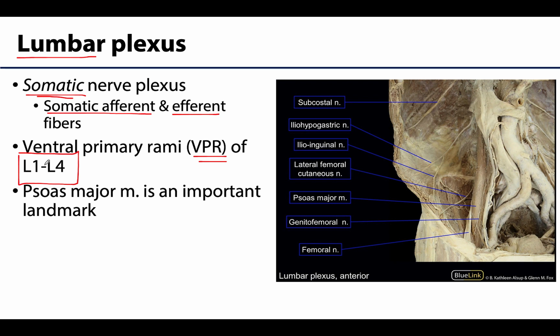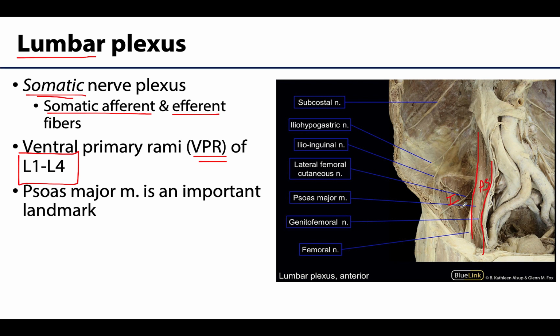Now, when we're trying to identify those named branches, the psoas major muscle, which I am outlining right here, is going to be a major player, an important landmark in terms of identifying these. Psoas major will actually share a common tendon with the iliacus muscle right here, and they will attach to the proximal femur.